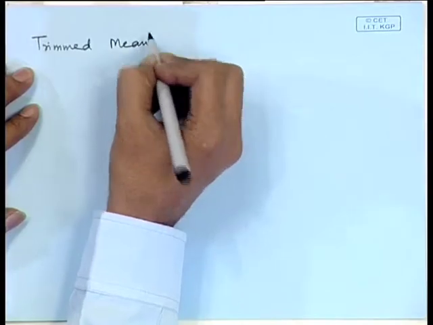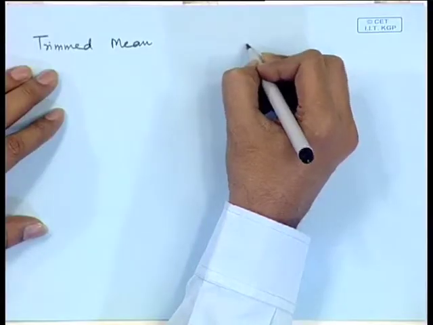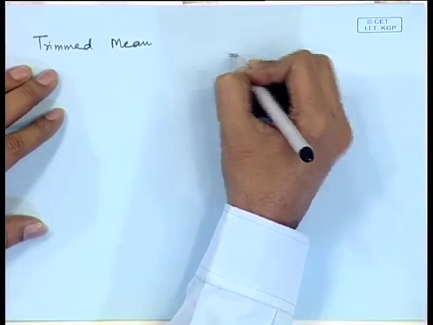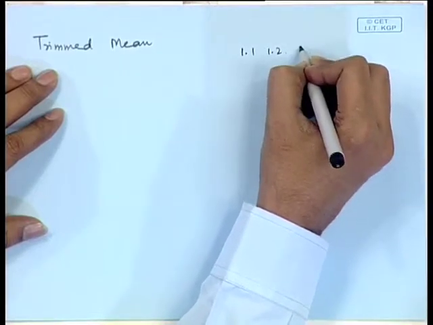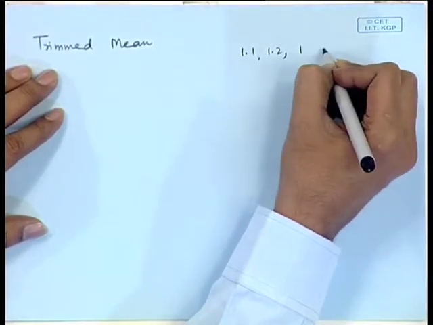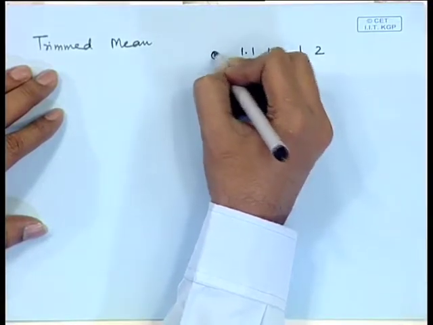Another option is that the highest and the lowest values are brought to the next lowest or next highest. For example, suppose I write 5 values: 1.1, 1.2, and say 1, another value, say 2, and one value, say 0.